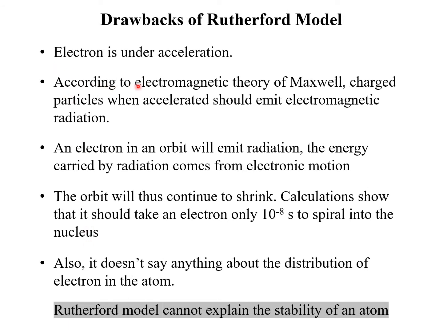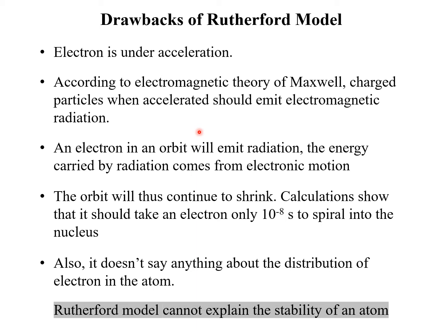Since the electron is under constant acceleration, here comes into the picture the electromagnetic theory of Maxwell. According to the electromagnetic theory of Maxwell, charged particles when accelerated should emit some electromagnetic radiation. Here the electron is a charged particle, and since it is changing its direction, even if it is moving at constant speed, it has some acceleration.